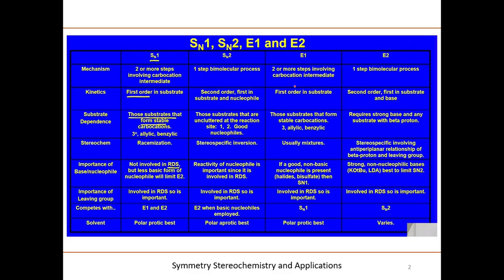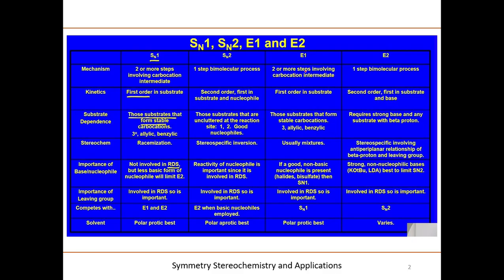Now let's talk about the E1 elimination reaction. E means elimination reaction, S means substitution reaction. Remember this: S means substitution, N means nucleophilic, and one is unimolecular, and two is bimolecular. Similarly, in case of E1 and E2, E1 is unimolecular elimination, and E2 is elimination with a bimolecular process.